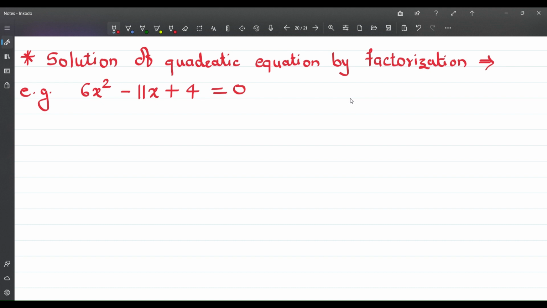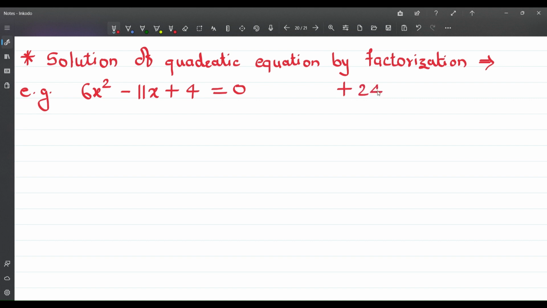Now we have to factorize this. Here 6 into 4 will be 24. It means we have to take the multiplication of the coefficient of x square and the constant term. The multiplication of these will be plus 24.